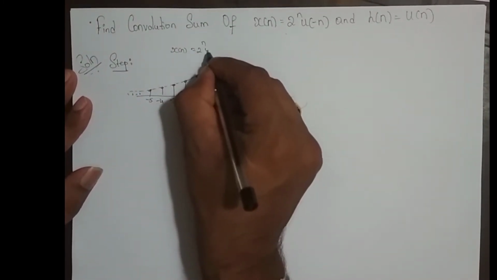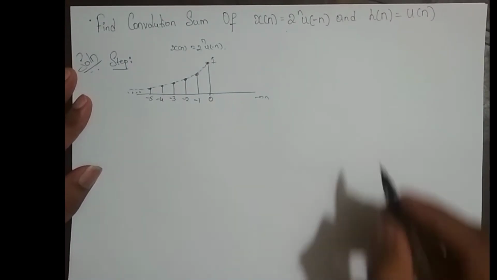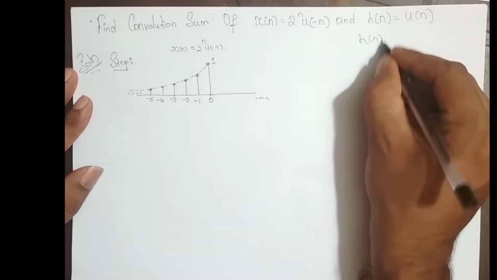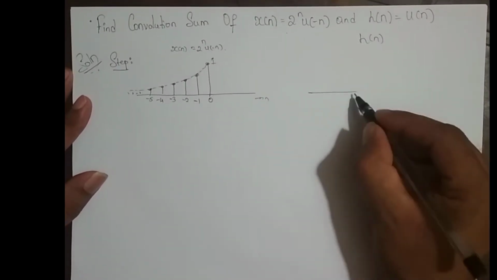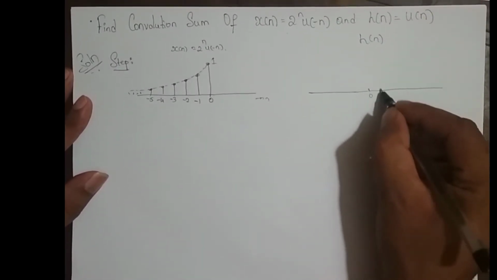Now how does the impulse response look? The impulse response is just the unit step function. It starts from 0 and goes till infinity, with amplitude 1.